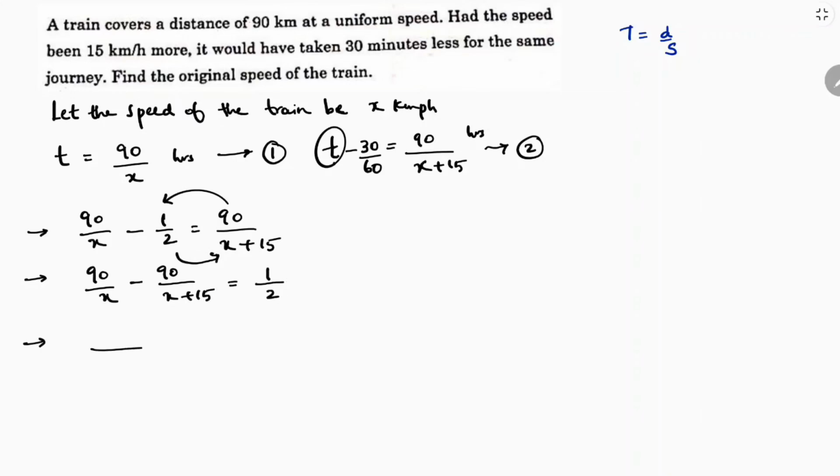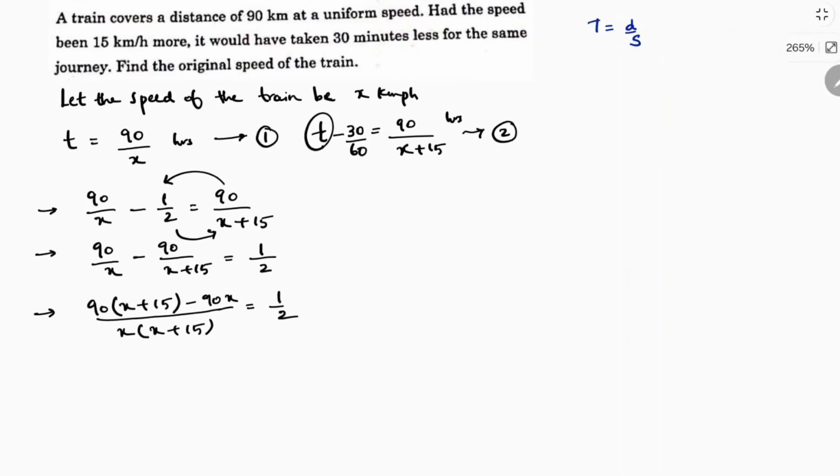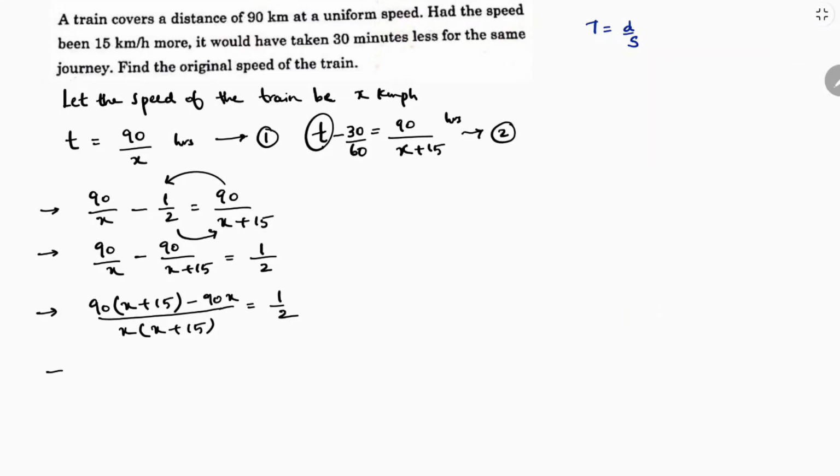If I take the LCM, the LCM is x into x plus 15, and in the numerator 90 times x plus 15 minus 90x equals 1 by 2. If I multiply, the numerator is 90x plus 90 times 15, or 15 times 9, 1350, minus 90x, over x square plus 15x, equals 1 by 2. 90x will get cancelled.